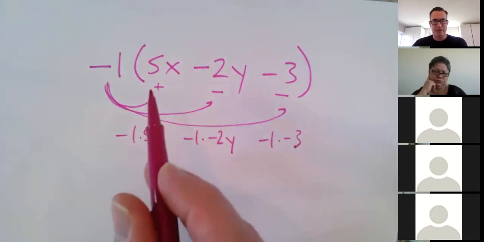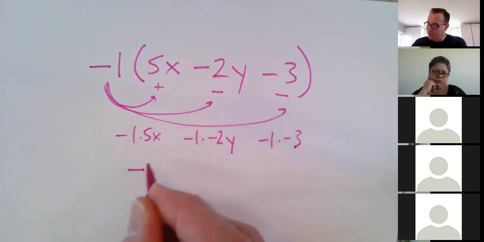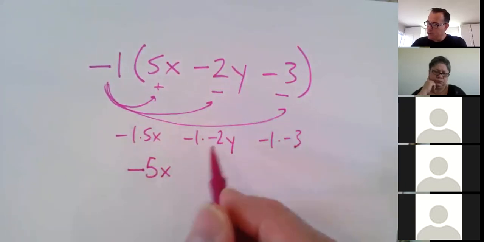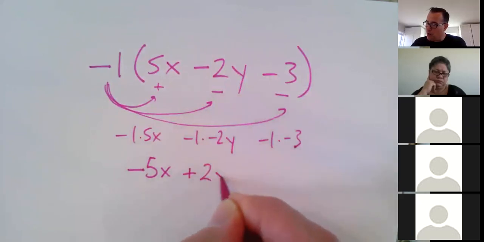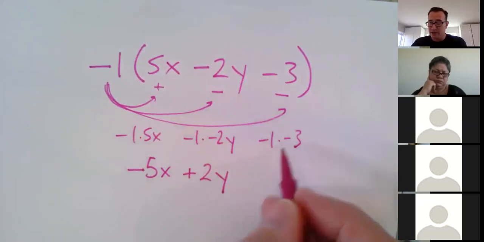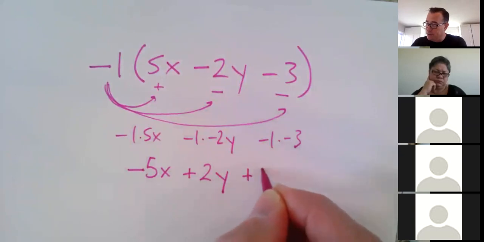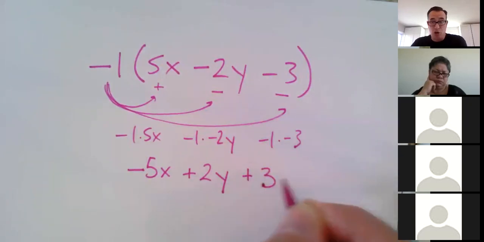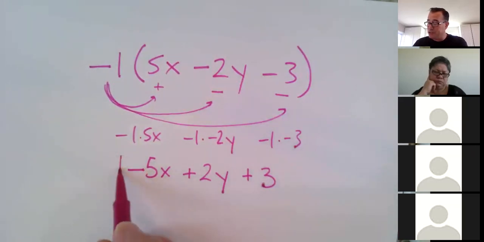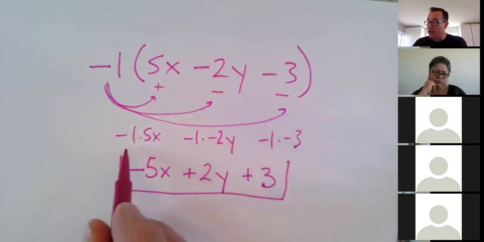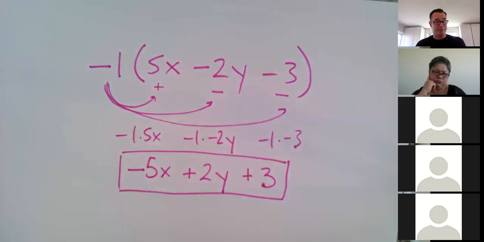So this was a positive, it becomes a negative 5x. This was a negative, it's going to become a positive 2y. This was a negative, it's going to become a positive 3. And that's all we had to do to change that. So here I have these 3 numbers, and this is the end of it because I don't have any like terms. So that is simplified.